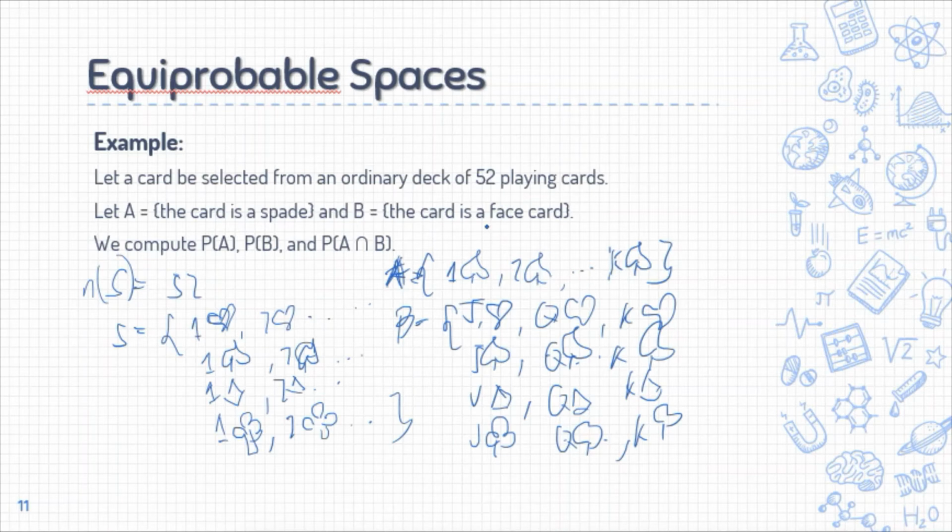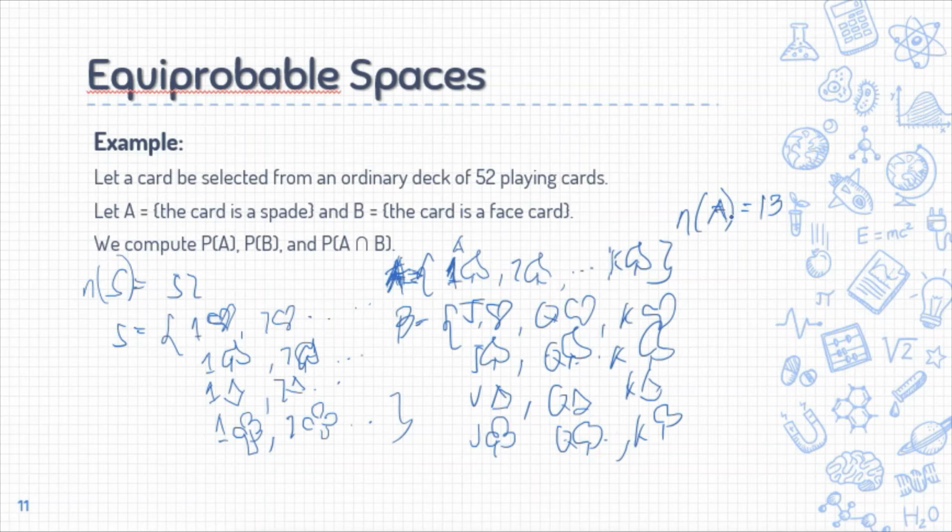Okay. Now let's compute the probability of P of A and P of B. Again, these are equiprobable spaces. So, pwede ra nato to gamiton tong formula nga akong gi-introduce ganina. So, here we have our set A. Pila ka buok elements atong set A? We have 13. Diba? 13. So our N of A is 13.